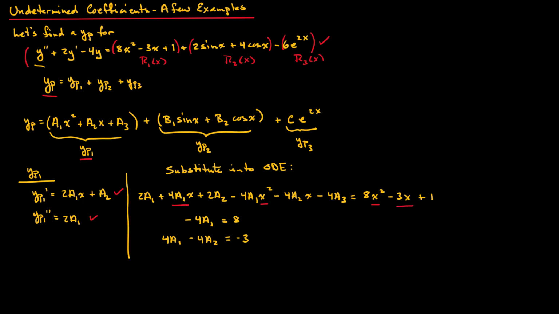So we've taken care of the x terms, so now all we have is the constant terms. We have 2a1 plus 2a2 minus 4a3 is equal to 1. 3 equations, 3 unknowns.